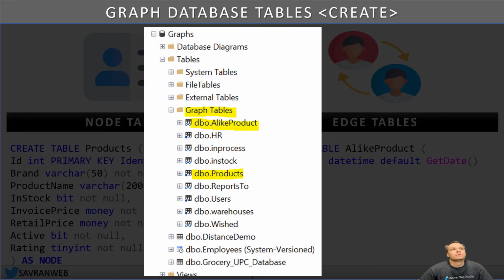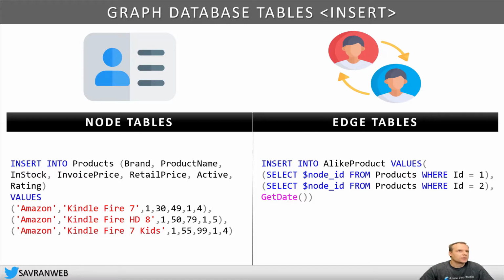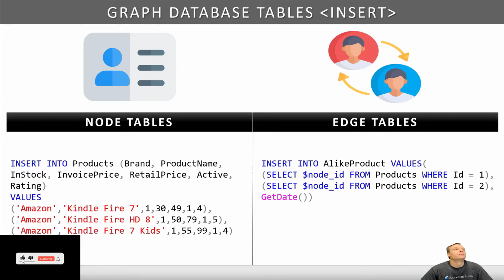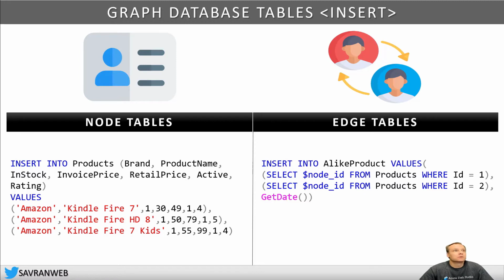Now we know how to create the tables. Let's talk about how to insert data. To insert data, we are going to use the insert statement, just like in a regular table. You just need to pass which columns you want to insert data into and your data.